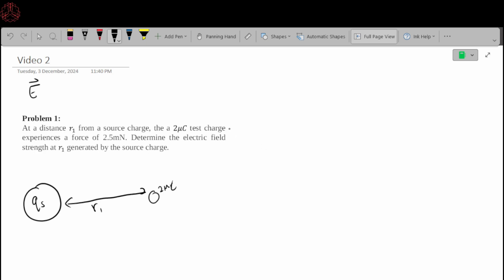So in this particular case, what we want to look for is the electric field, and the electric field is actually the force per unit charge experienced by the test charge. So to find the electric field strength, you simply divide the force, 2.5 times 10 to the power of negative 3, by the charge of the test charge, which is 2 times 10 to the power of negative 6.